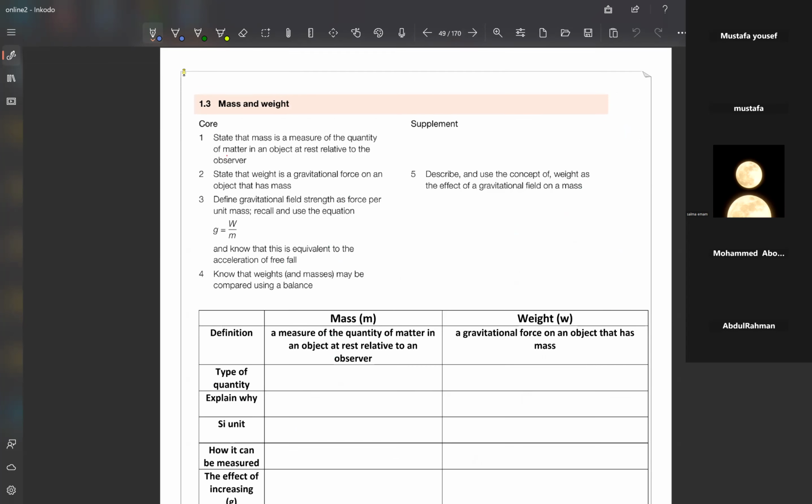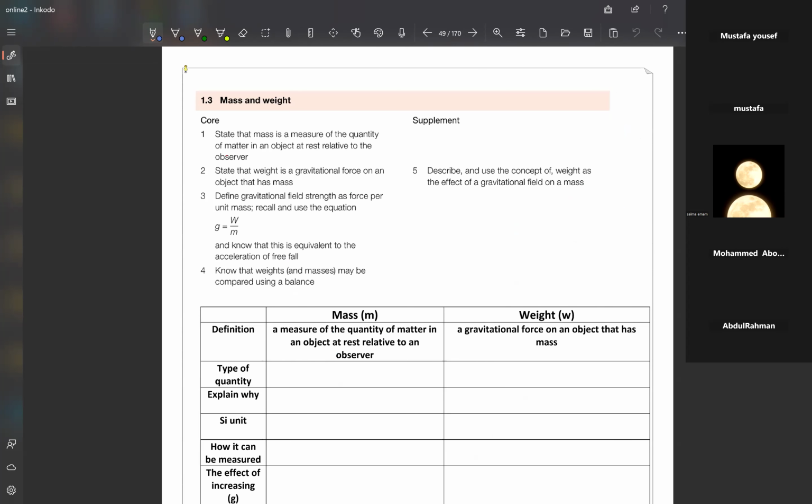Now we will talk about mass and weight. What's the difference between mass and weight? The definition of mass: the amount of matter in an object, or the quantity of matter in an object at rest. But weight is the force of gravity on the object due to its mass.